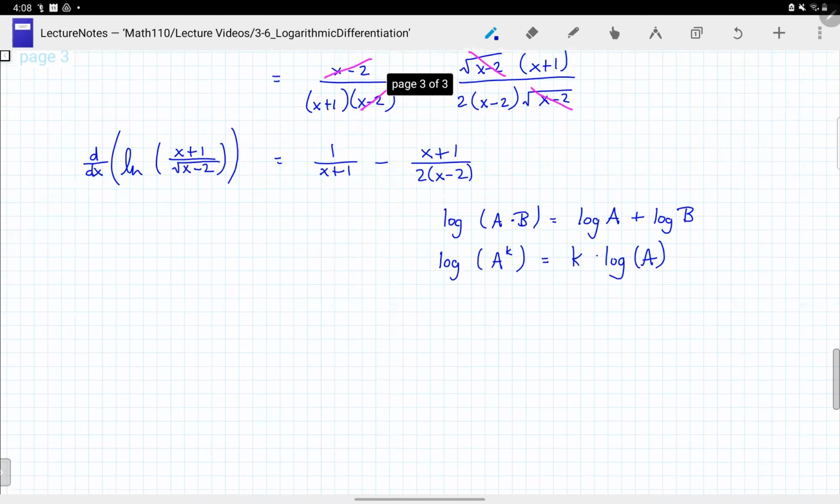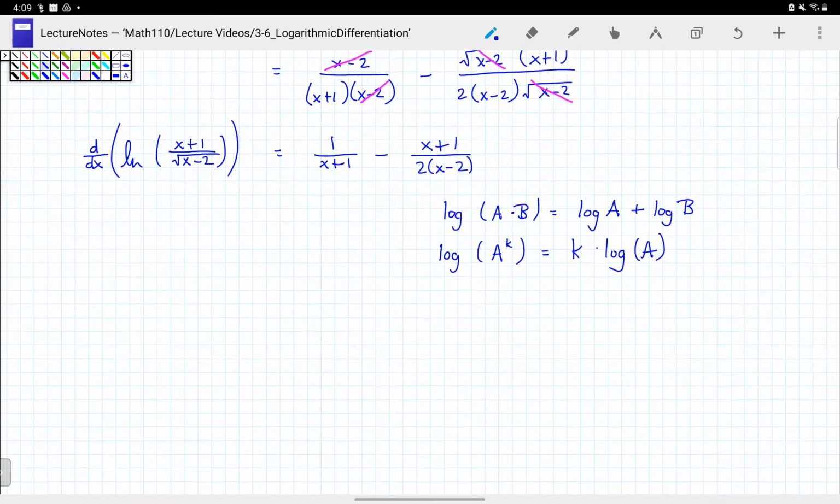So in fact, just like the log of a product is the sum of the logs, the log of a quotient is going to be the difference of the logs. So another way to do this is we can take the derivative of the natural log of x plus 1 divided by square root of x minus 2.